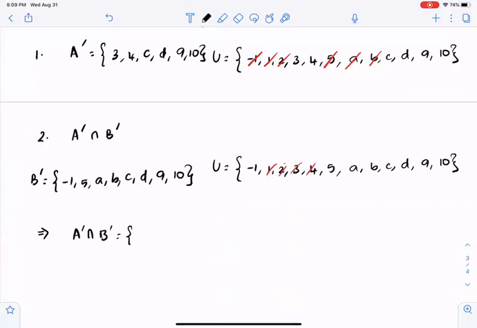I don't see a 4. I don't see A, but I do see the letter C. I see D in common. I see the number 9 in common. I see the number 10 in common. So A complement intersect B complement is simply {C, D, 9, 10}.